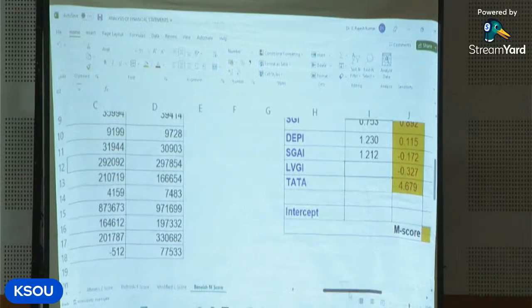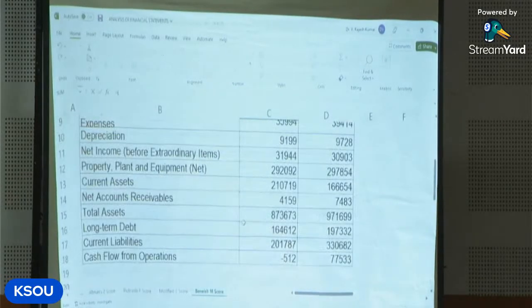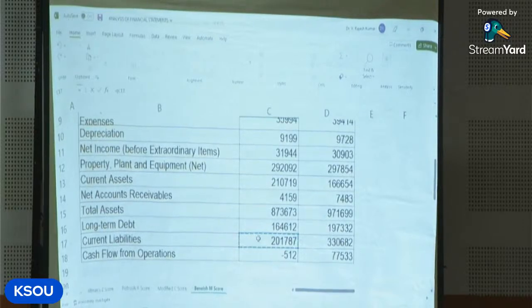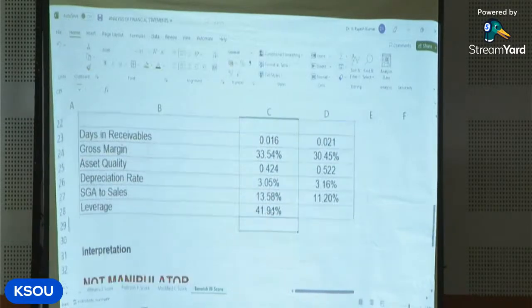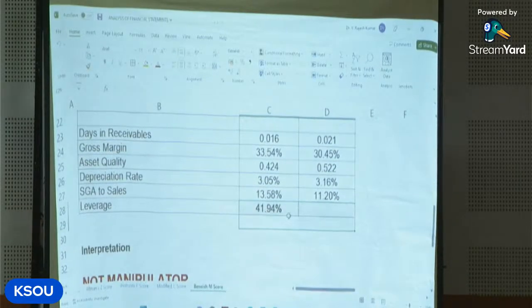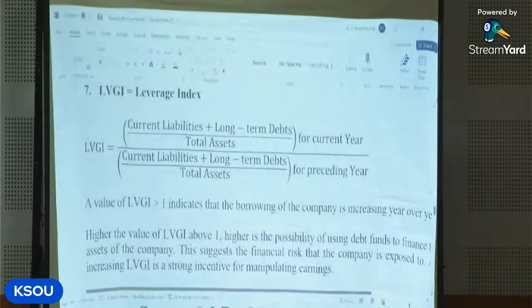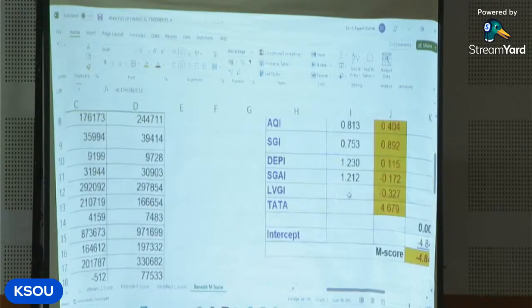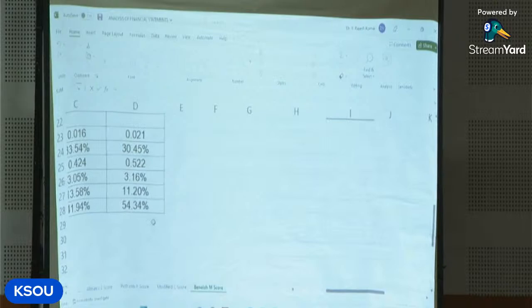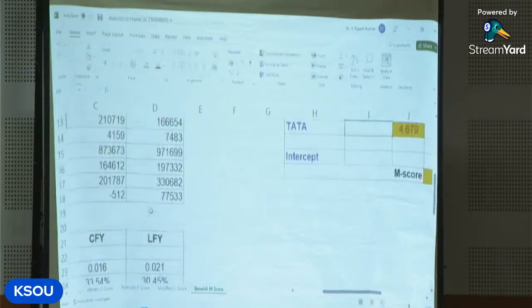So we get leverage, current liabilities plus long-term debt divided by total assets, for last year and current year. Divide current year figure by last year figure. Again, you get a number.